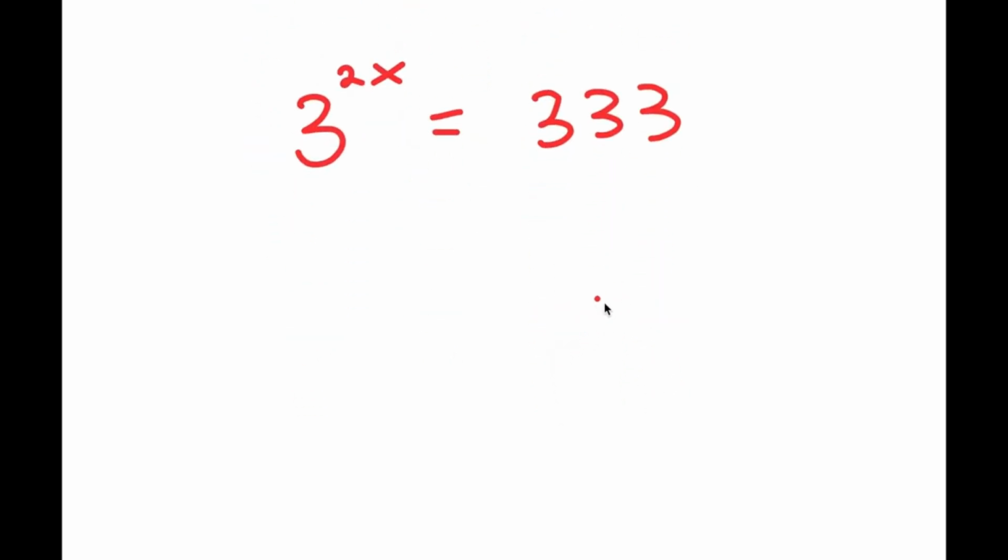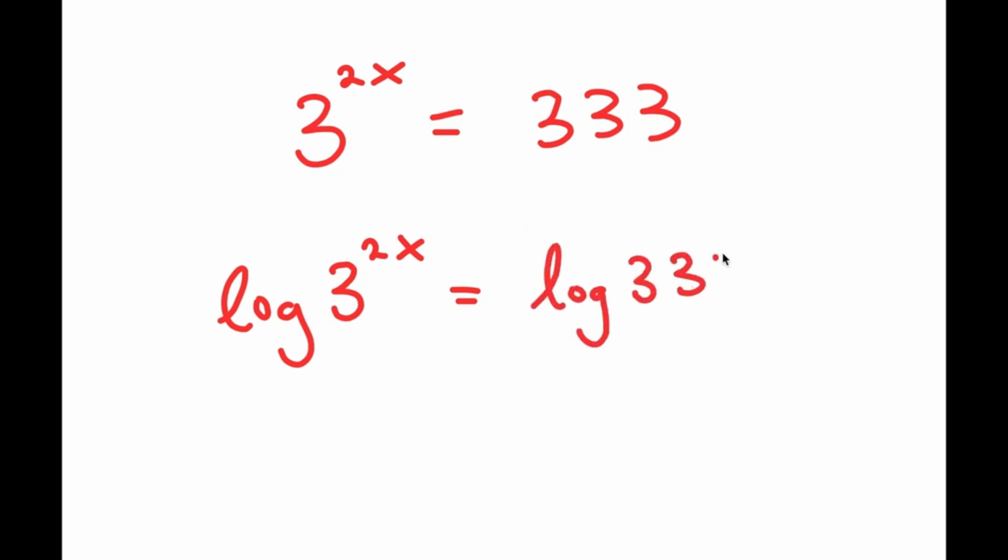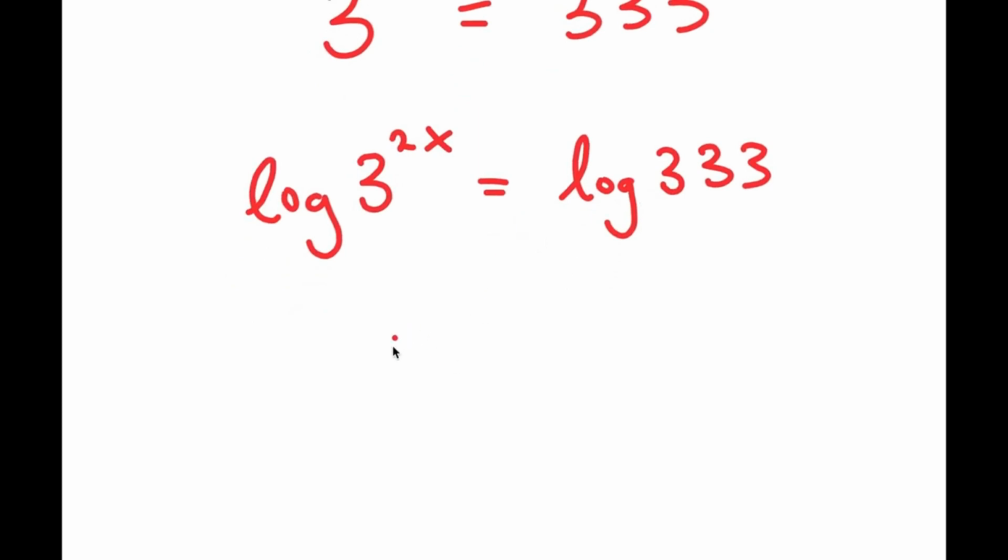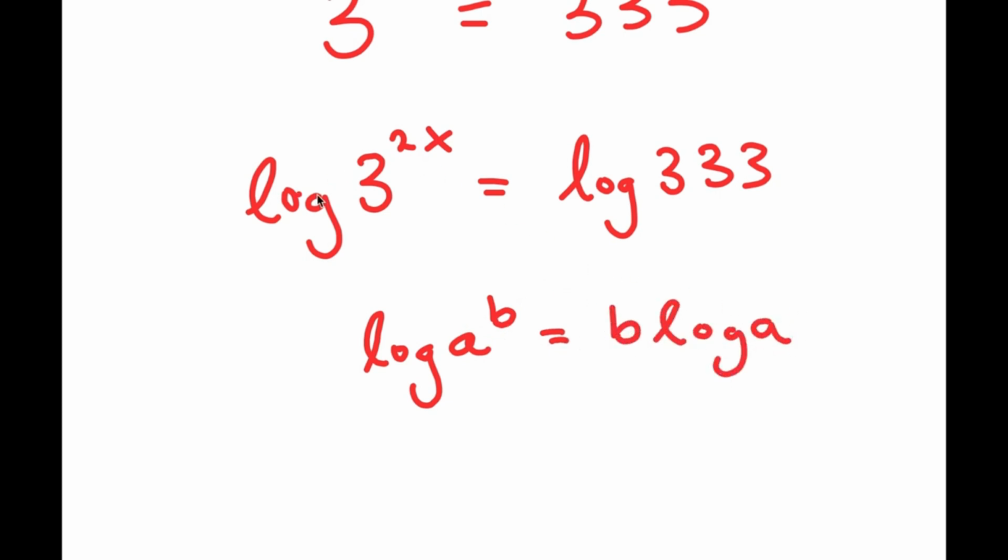Now what I'm going to bring into this equation are logarithms. And it's always useful to use logarithms when solving exponential equations because they're very helpful. And one of the reasons they're helpful is because they come with an important property that states that log a to the power of b is equal to b times log a. Meaning log 3 to the power of 2x, I can just move this 2x to the front.